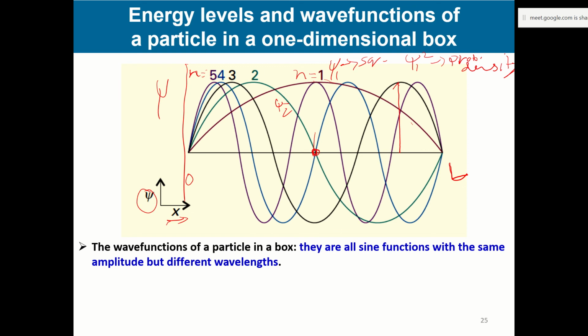So it is maximum in the ground state, n equal to 1. There is maximum probability for the particle to be found in the middle of the box.